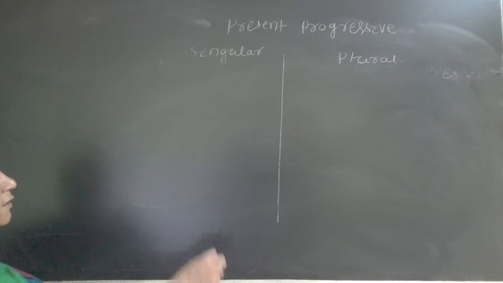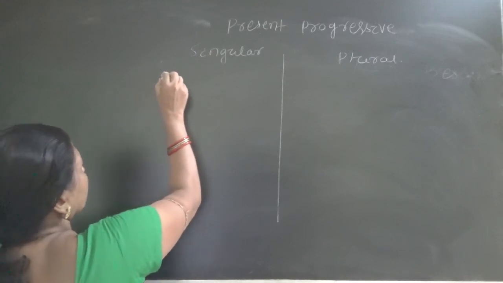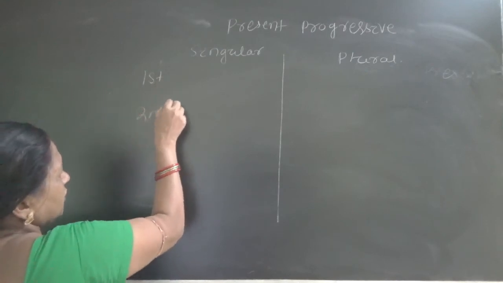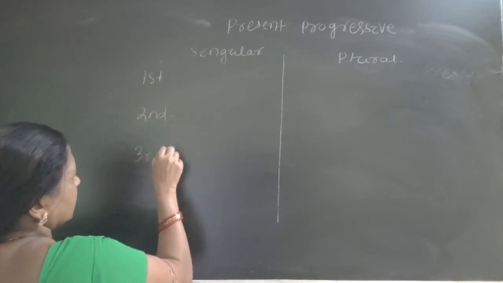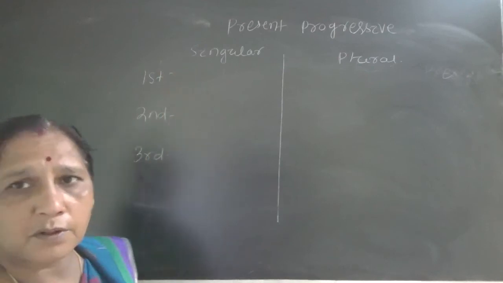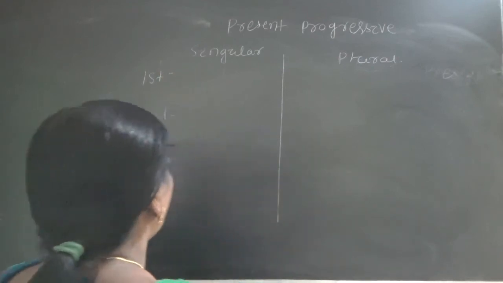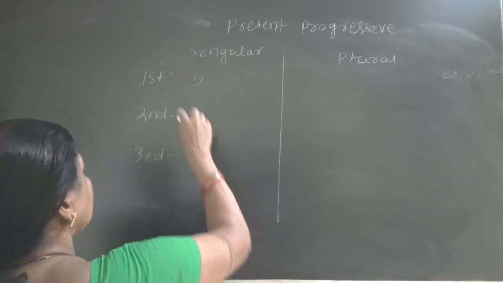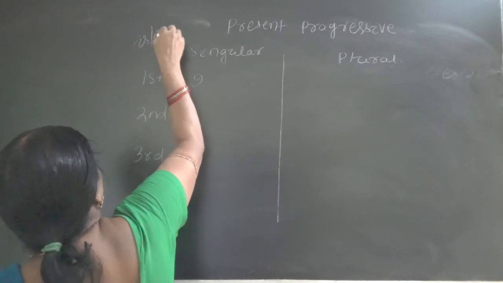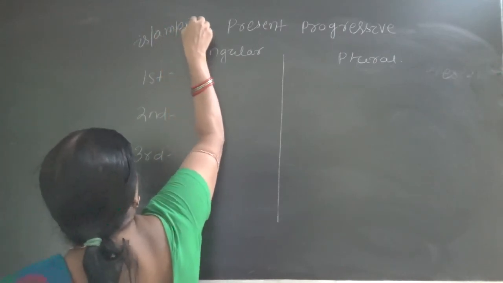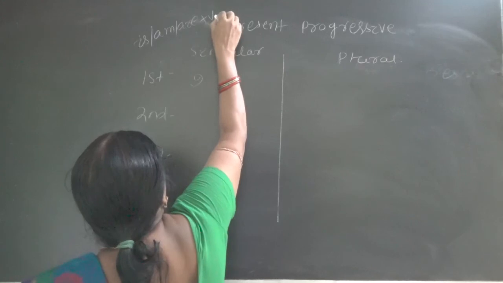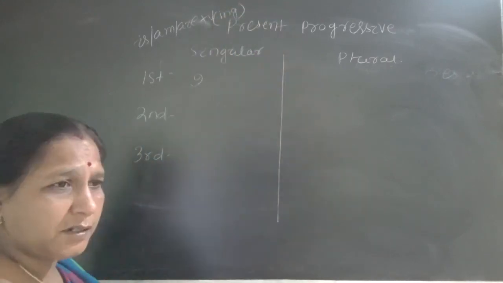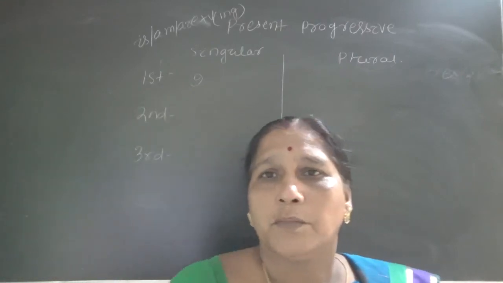According to person, they are divided into three persons: first person, second person, and third person. Here the verb structure is auxiliary verb plus verb ing form, or present participle form.